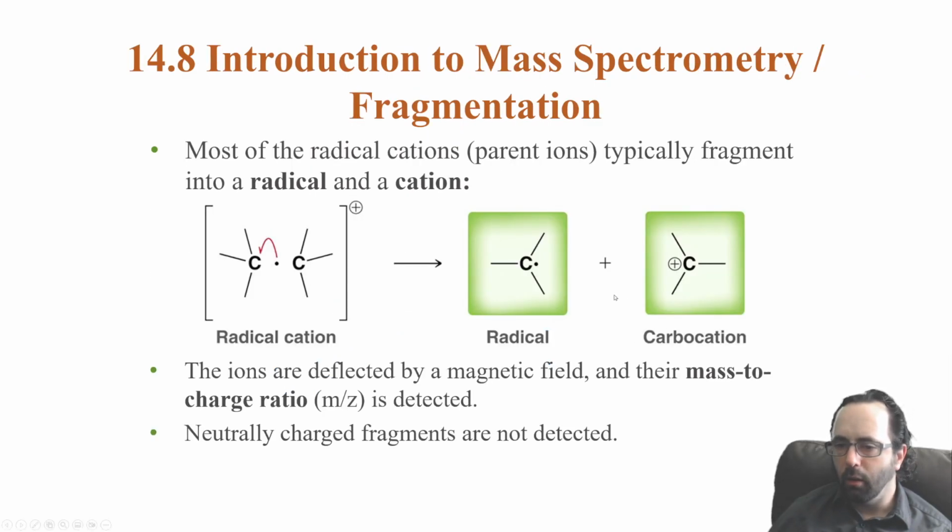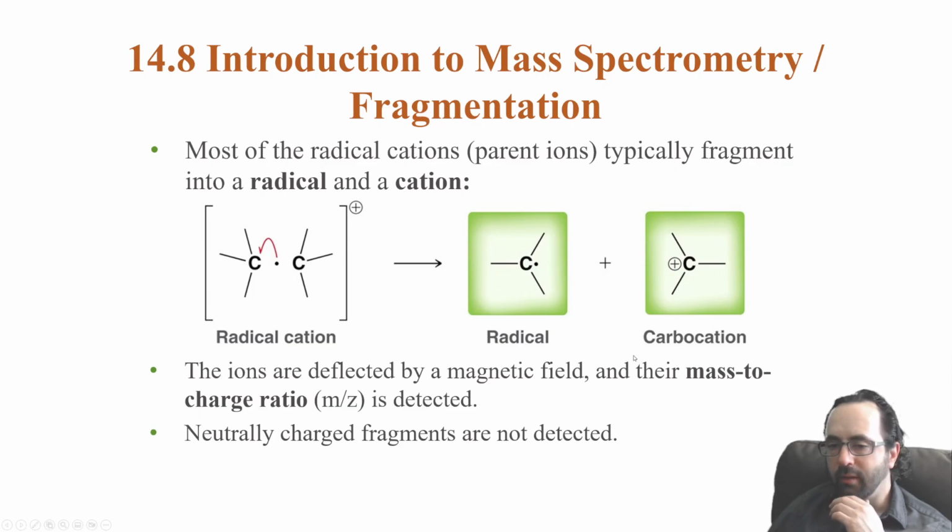The one that it goes on right here will be a radical, and the other section will be a carbocation. It's important to note that only the carbocation can actually be seen and detected by this instrument.